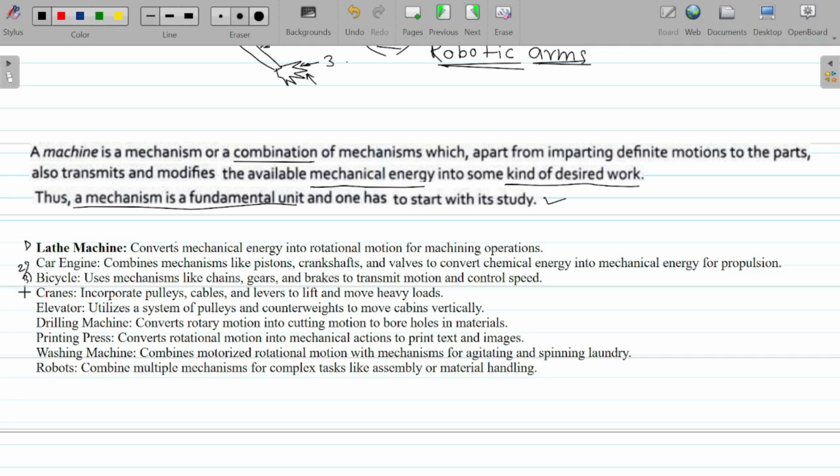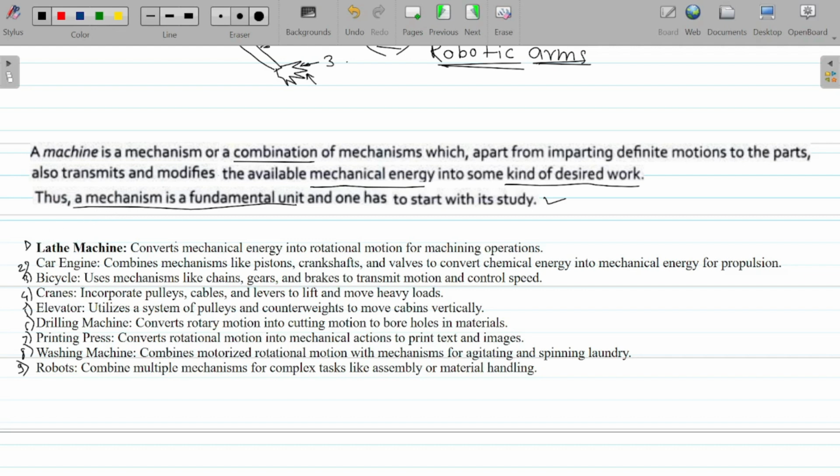Similarly, crane is there, then elevator is there, drilling machine is there, then printing press is there, washing machine is there, then robots are there. So all these machines are having inbuilt unit mechanism. Okay, fundamental mechanism is there. So that is nothing but your machine.